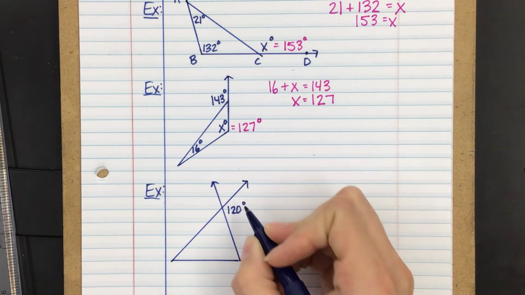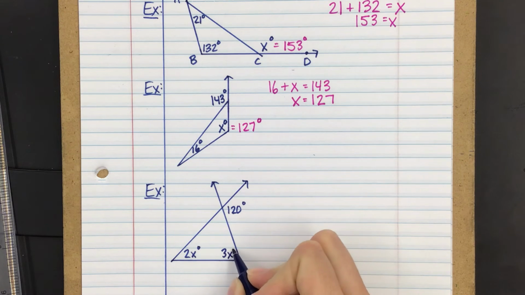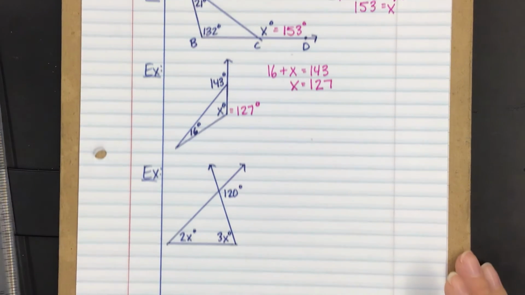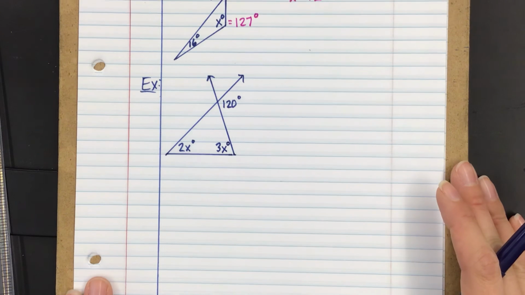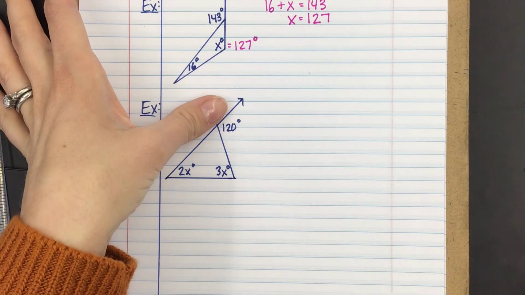We're given this, and we're given this. Sometimes you're given lines that you don't need. So you guys can just ignore that line.